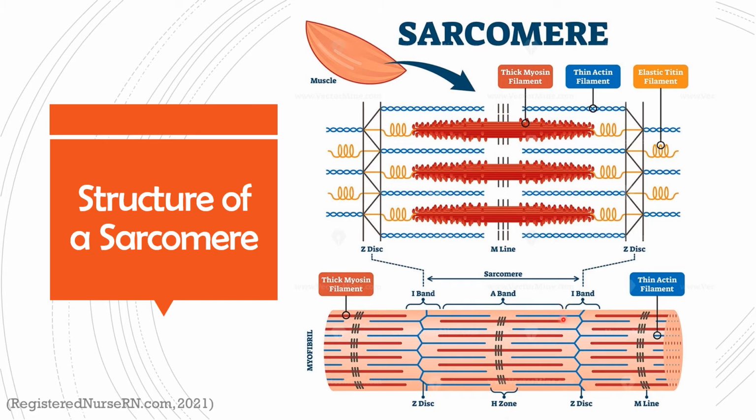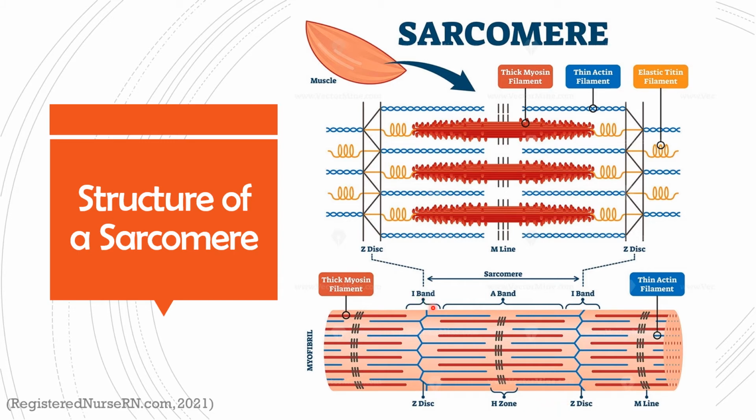So if we draw an invisible line right here, you'll see that it includes this whole half of the myosin, and then also these blue lines that are overlapping in that section. And this is what makes up the dark part of that striation pattern that, we said that skeletal muscle is striated, just like cardiac muscle. And that is what makes those dark bands in the subunit of a sarcomere.